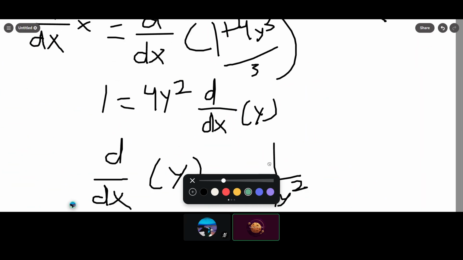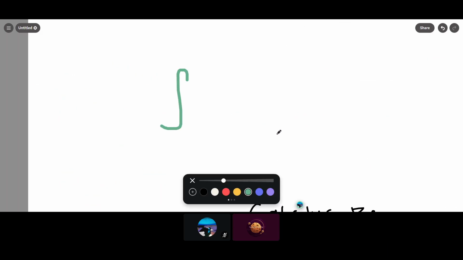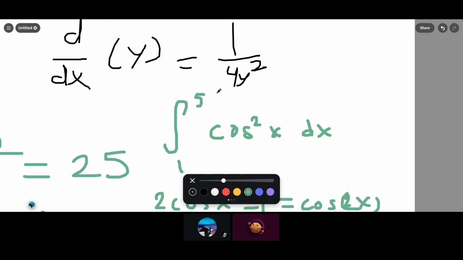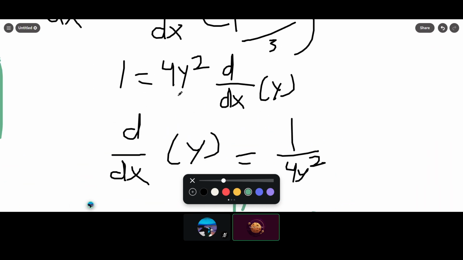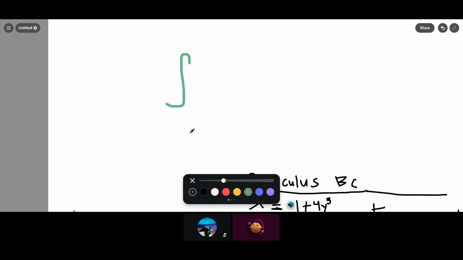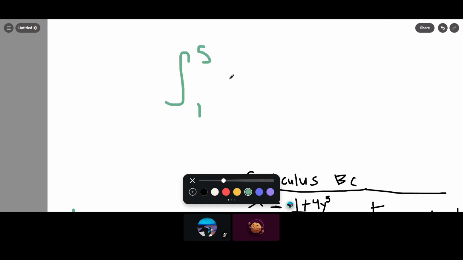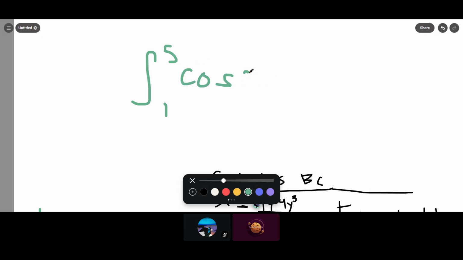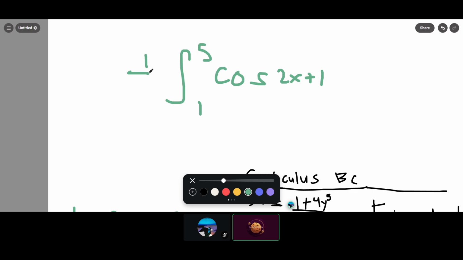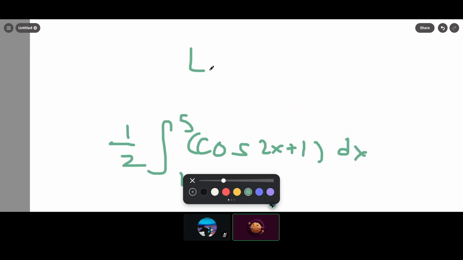So we can rewrite this integral from 1 to 5 of cosine 2x plus 1, and we can move the 1/2 over here. And now we can solve this as any normal integral.